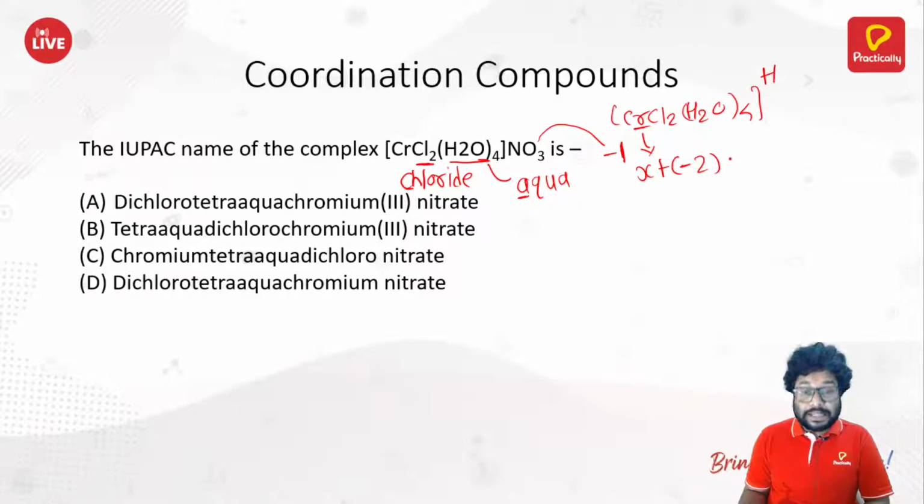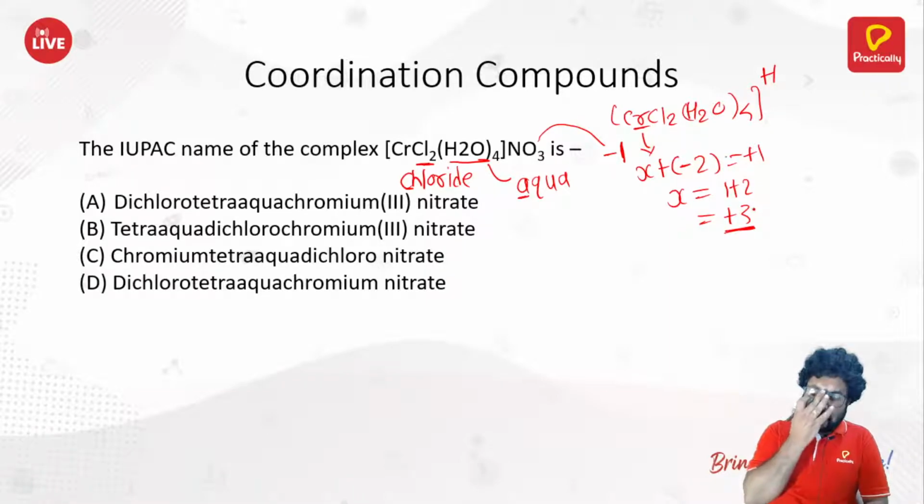Water is in 0 oxidation state here. I mean, water is a neutral ligand. So X - 2 = +1, and -2 goes on that side. You get X equal to 1 + 2, which is +3. So chromium has +3 oxidation state.